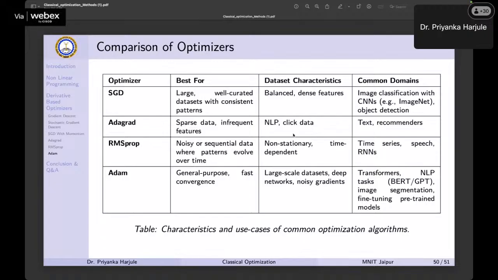Adam is for general purpose: it has fast convergence, and handles large scale data sets, deep networks, and noisy gradients, because it uses the advantages of RMS prop and SGD with momentum. It is commonly used in very complex models such as BERT or GPT in natural language processing, and image segmentation models. So this is a brief comparison of optimizers.